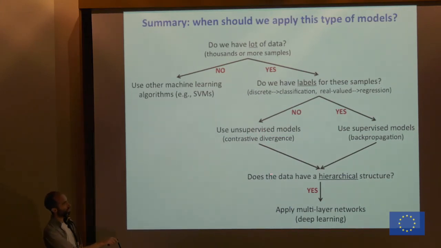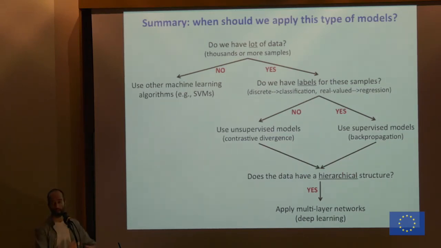But in any case, if we guess that the data have a hierarchical structure, then we should apply multi-layer models. So we should try to build a hierarchy of representations, like in deep learning, because this is going to build more abstract and more high-level features that are more useful to solve the task.